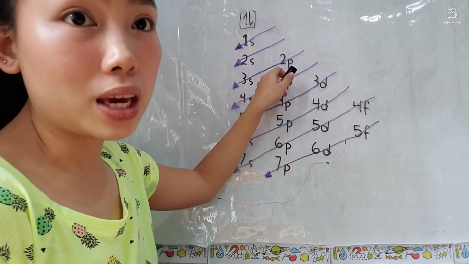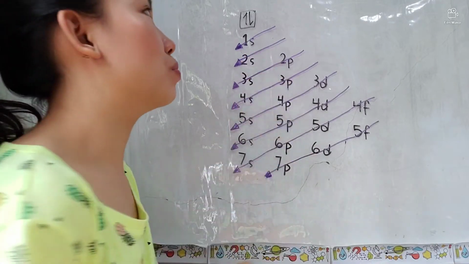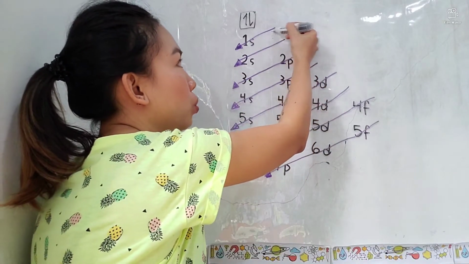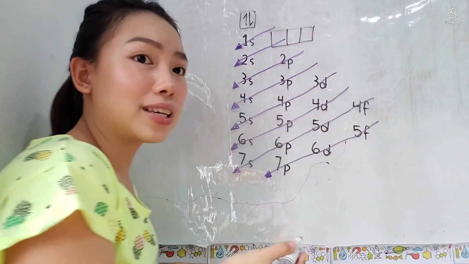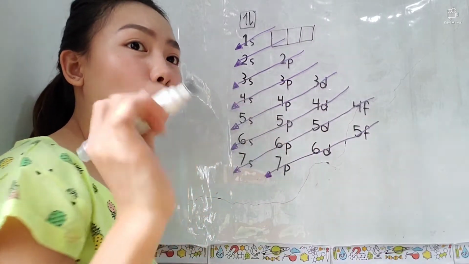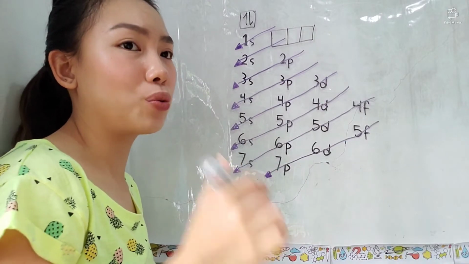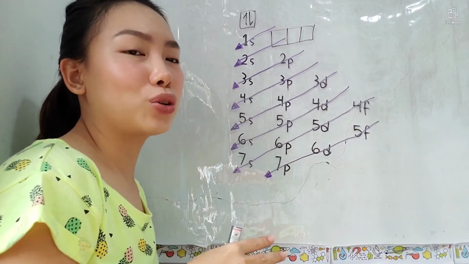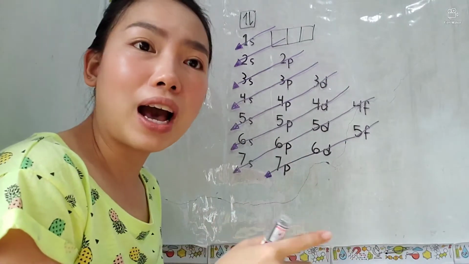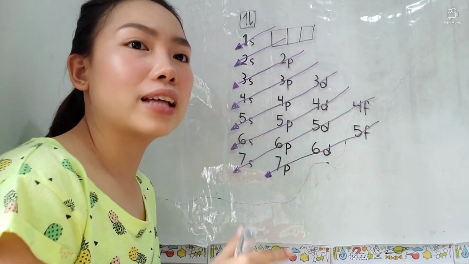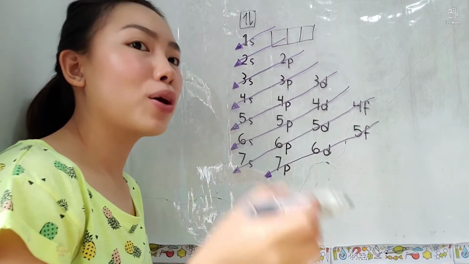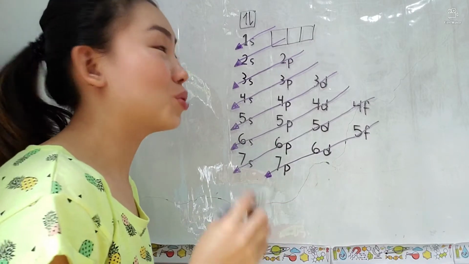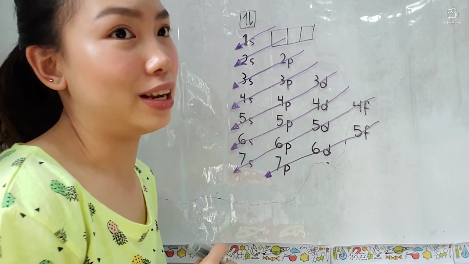While on the P subshell, it holds up to 6 electrons and one box is only equivalent to 2 electrons. At dahil 6 ang kayang i-hold ng ating P subshell, meron tayong 3 box to represent the 6 electrons.